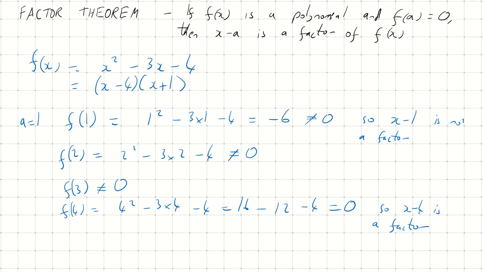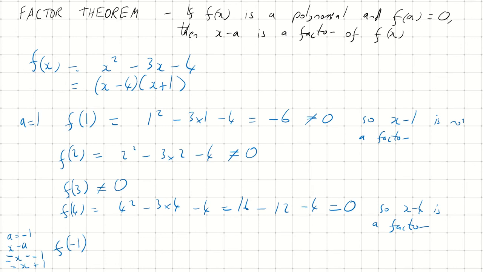Again, because x plus 1 is a factor, from the factor theorem we would expect that f(minus 1) is 0. If a is minus 1, then x minus a is x plus 1.